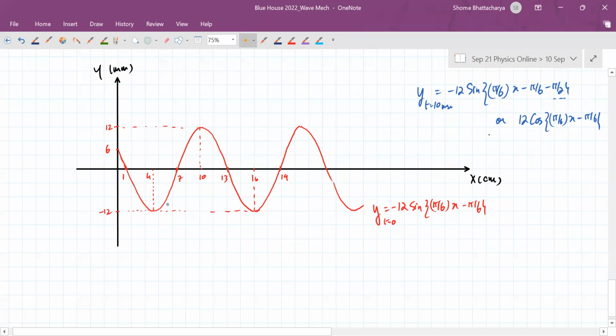This graph shifts in such a way that interestingly like this.